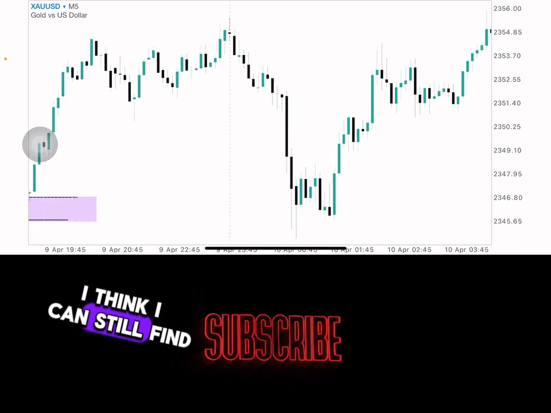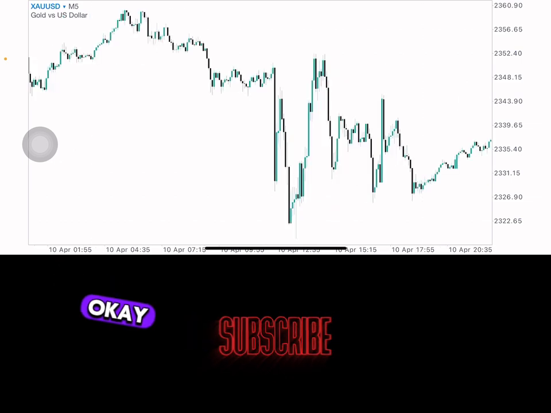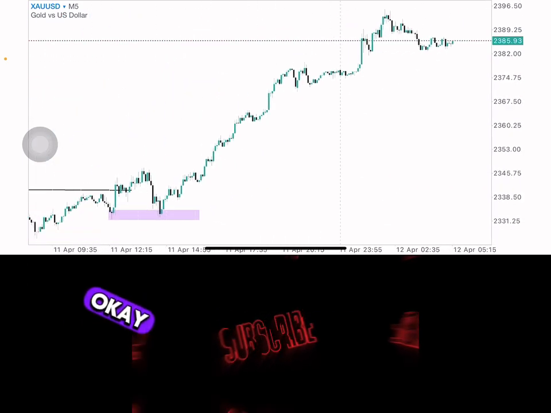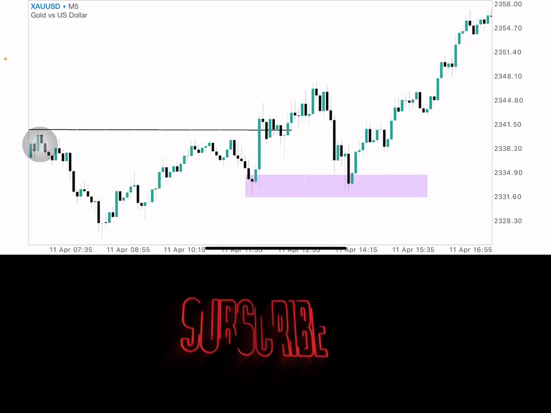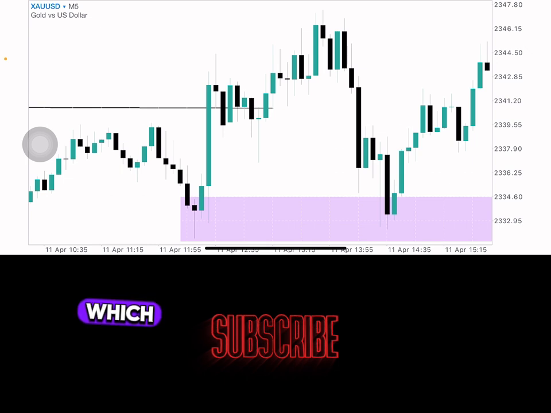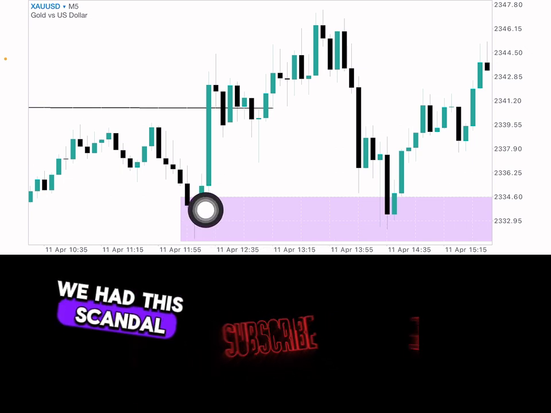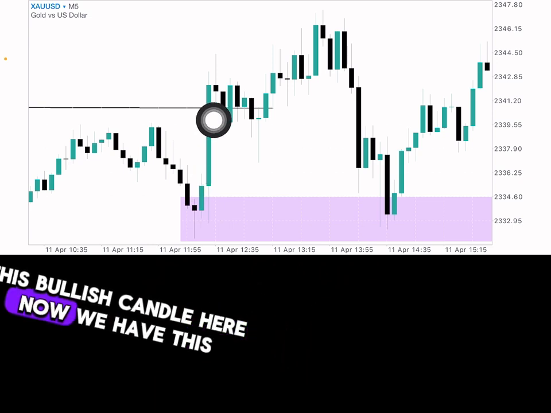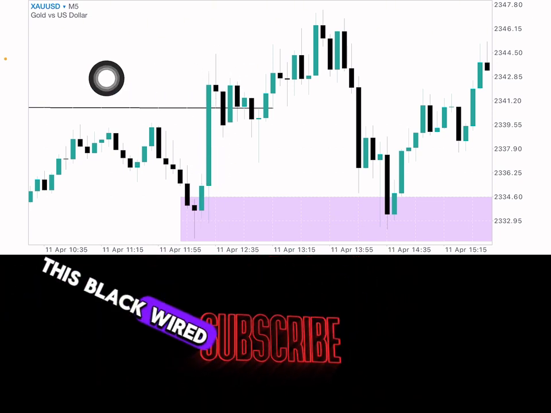I think I can still find another one here. Let's see. Okay, here. Okay, this is it. I have another one here. Let me zoom in. This is it. Okay, good. So we had this bullish candle here, and we have this very long one here, and then we have another one here, this black one, the bearish candle.